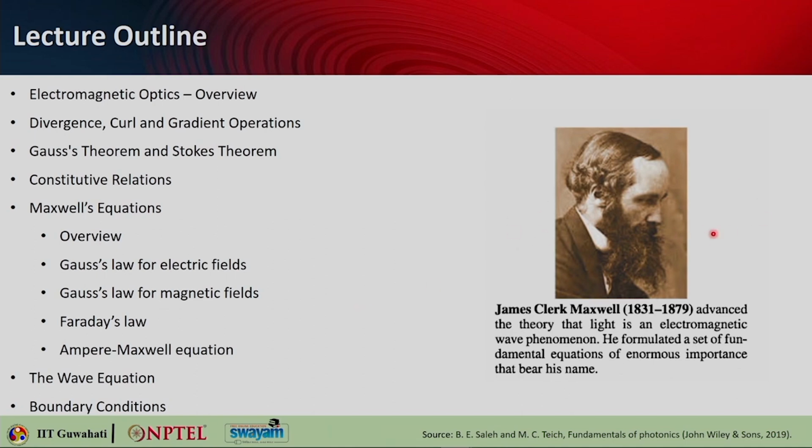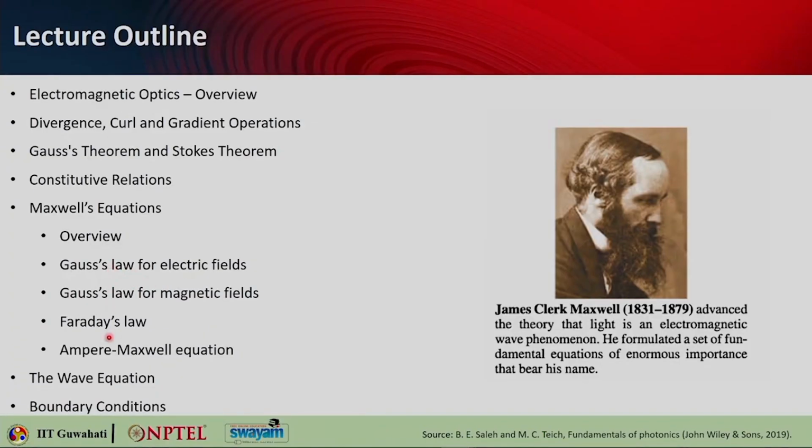So that's the picture of the great man, James Clerk Maxwell, who did this wonderful work on advancing the theory of light and proved that light is an electromagnetic wave phenomenon. He formulated a set of fundamental equations of enormous importance, and that is why they belong to his credit.